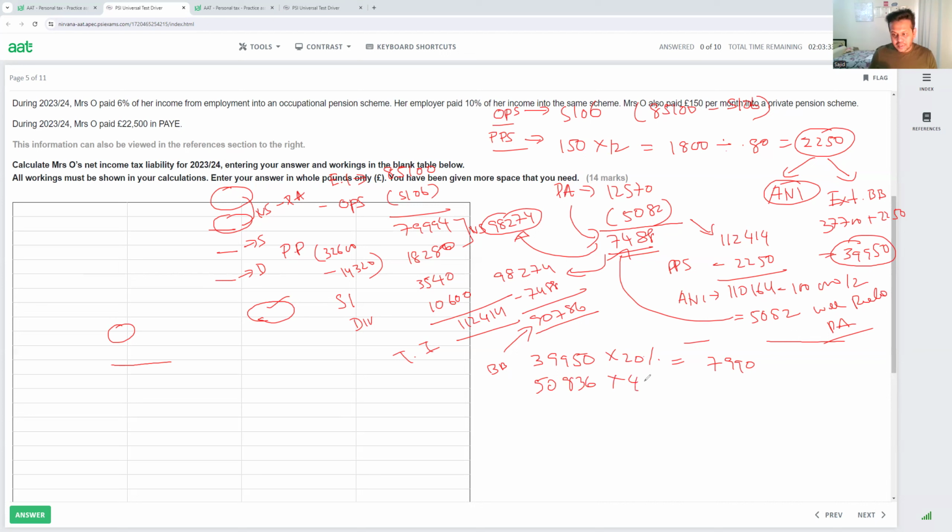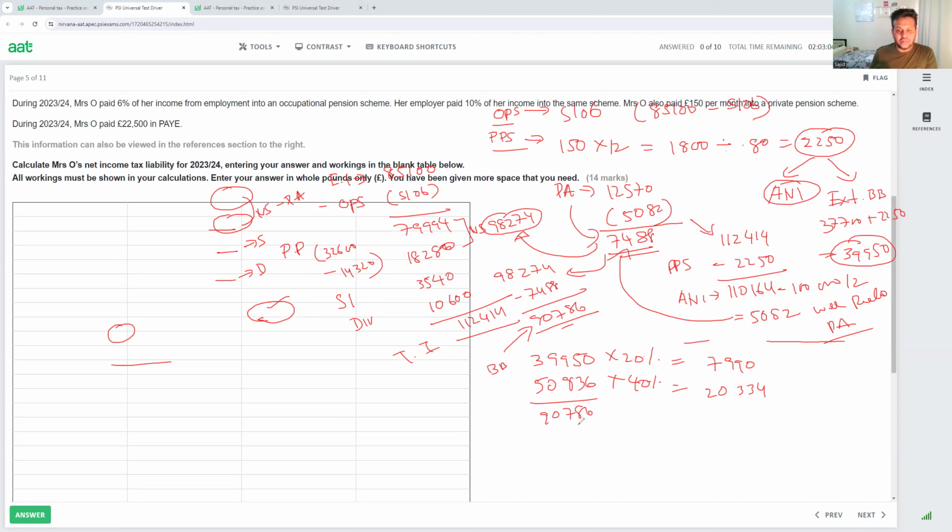And that will be 40%. Multiply by 40%, that will give me the higher rate tax, 20,334. All right. If we add 50,836 plus 39,950, that should give me exactly 90,786. Okay, so we are happy with that. We added this to 90,786.